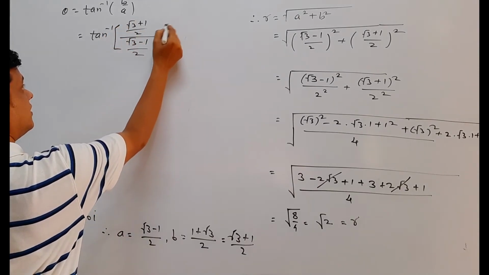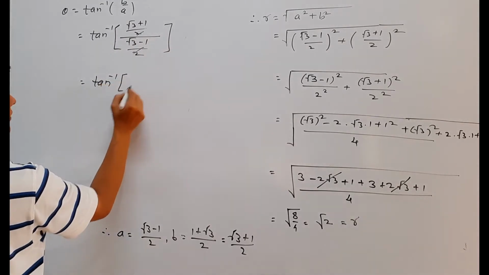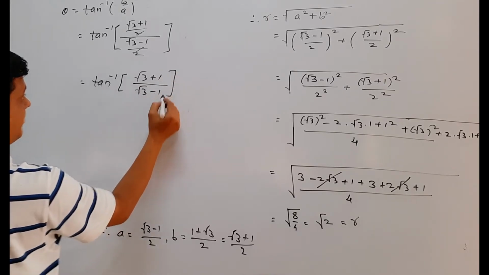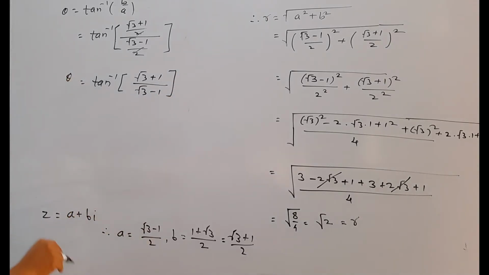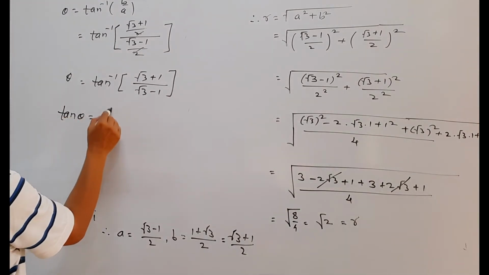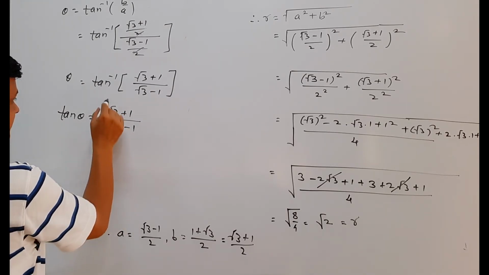So this 2 gets cancelled. We get tan inverse of (root 3 plus 1) upon (root 3 minus 1). So this is the value of theta. We can write here tan theta is equal to (root 3 plus 1) upon (root 3 minus 1).